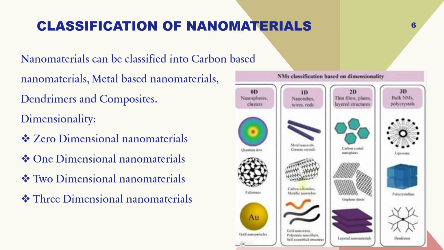The commonly used metals for nanoparticle synthesis are aluminium, cadmium, cobalt, copper, gold, etc. Metal oxide based nanoparticles are synthesized to modify the properties of their respective metal based nanomaterials.